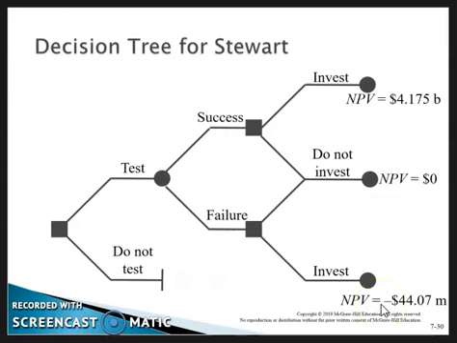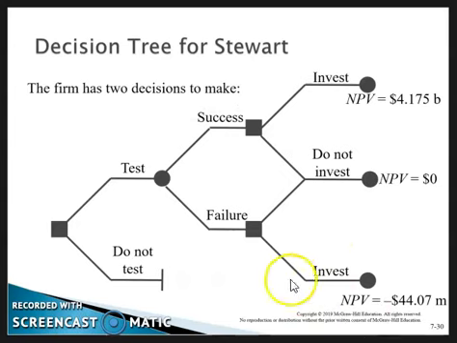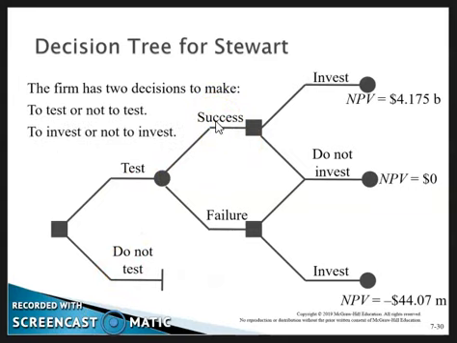So the firm has two decisions to make. First is to test or not test, and then second, invest or not invest. So that is the end of chapter 7.